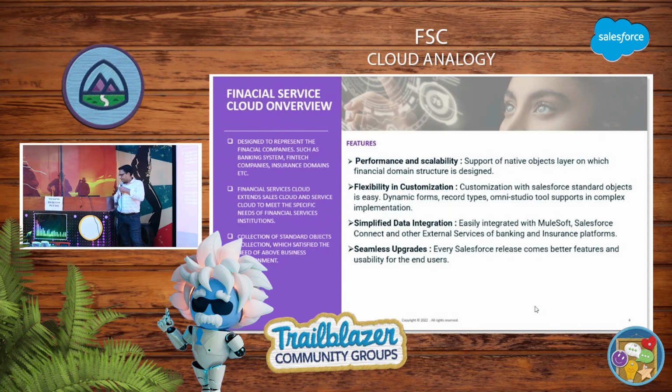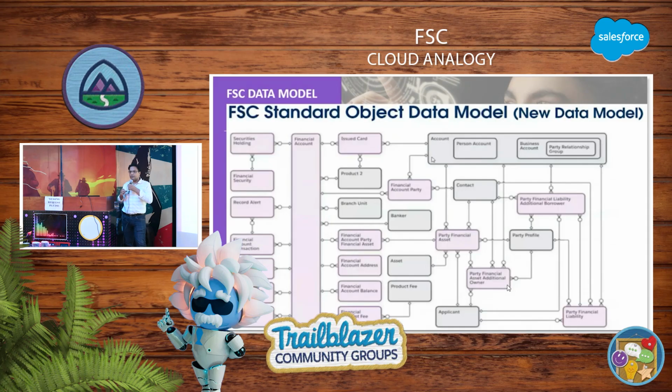Now, what are the different structures of the Financial Service Cloud? This is the data model. Okay, I don't know why it is not showing. This is the financial account. You can see it has connectivity with my issued card, product, and branch unit.